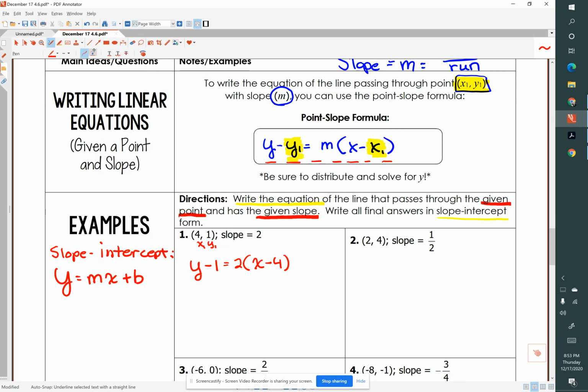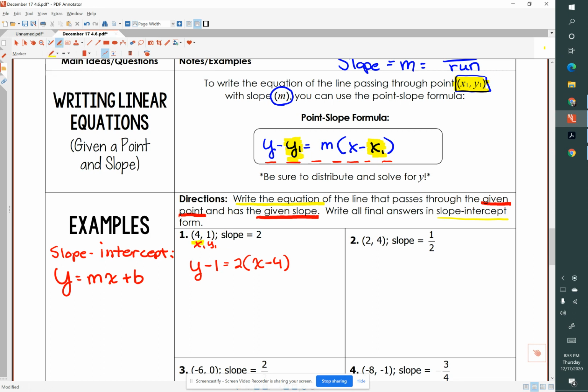So let's highlight this so that we can see what we did. We've got our x value and our y value.